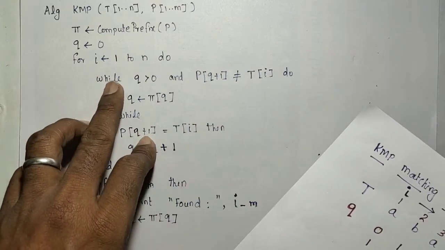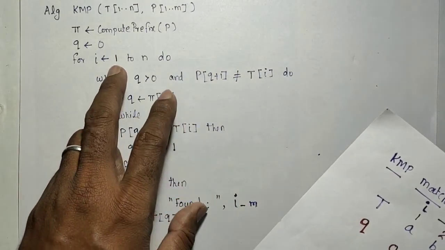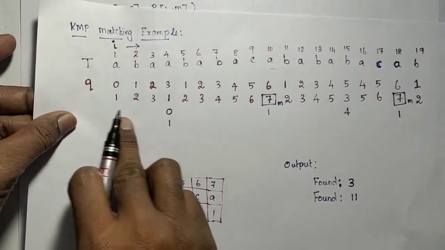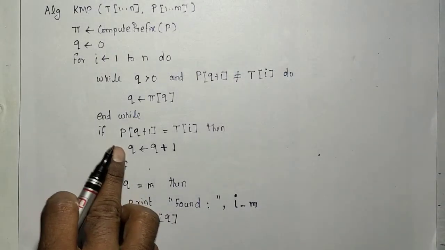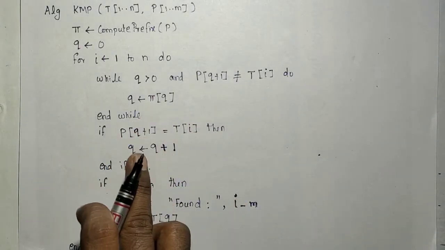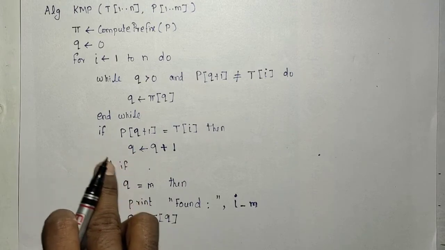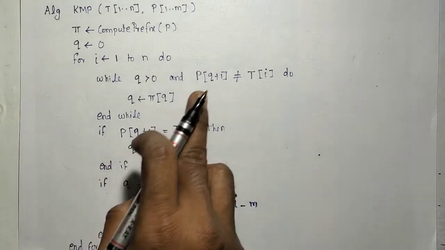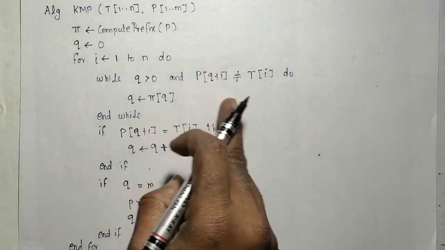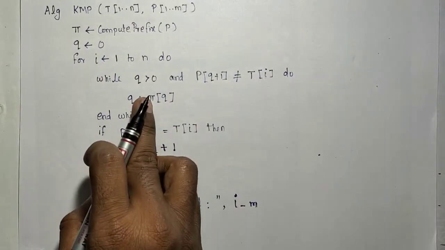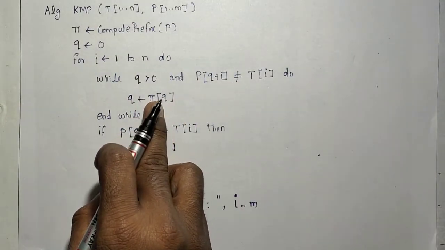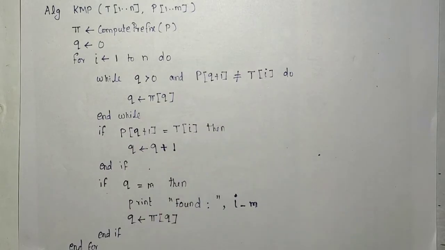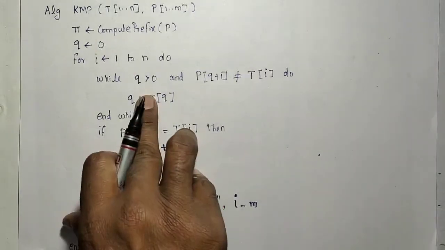So we are ignoring this, and the iteration is for 1 to m. In each iteration, mostly this if statement will become true and q will be incremented. Otherwise it will be reduced to pi of q, so that we avoid so many iterations here.